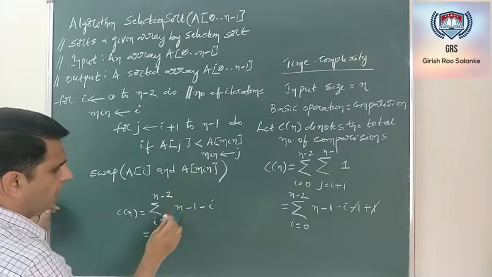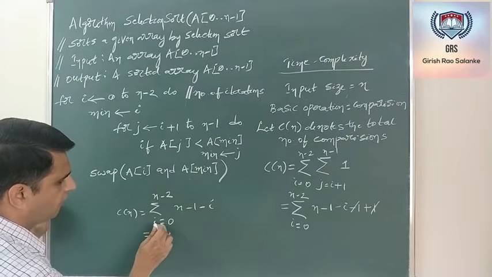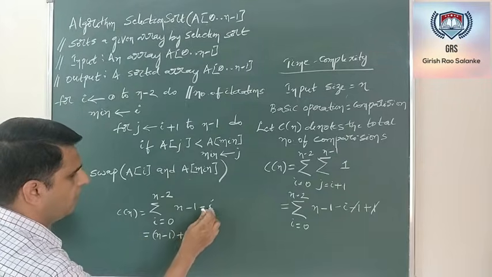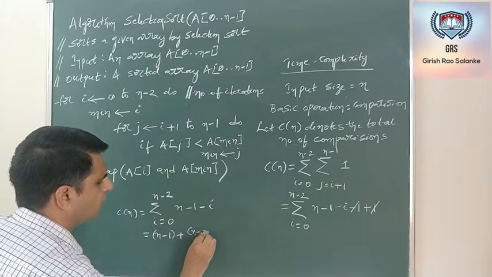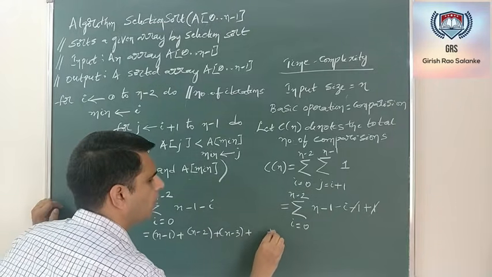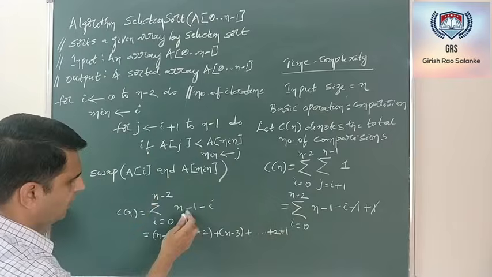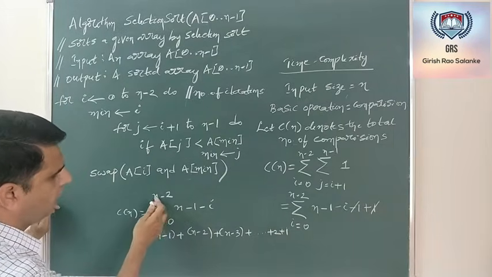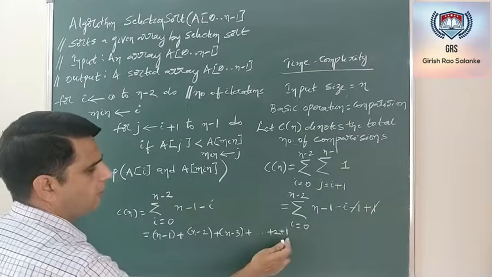Now start substituting the value of i. If i was 0, this will be just n minus 1. Plus, for i as 1, n minus 1 minus 1, that is n minus 2, plus n minus 3, up to 2 plus 1. The last term is n minus 1 minus n plus 2. So n and n got cancelled, minus 1 plus 2, I am left with only 1.